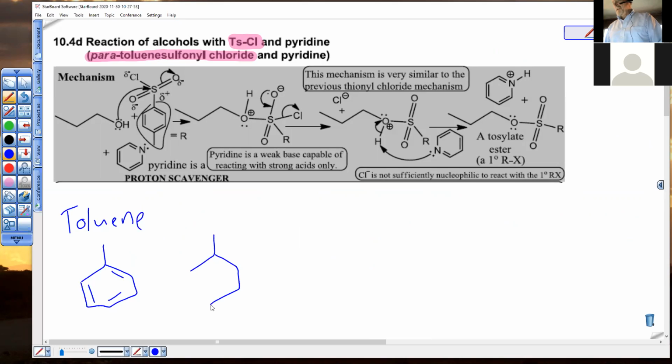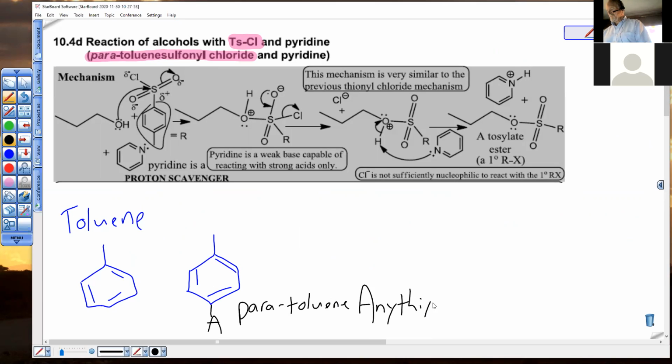Para-toluene anything is this. A standing for anything, para, toluene, anything. So what's the anything here? It's a sulfonyl chloride. Sulfonyl is S double bond O twice, and chloride is chloride.